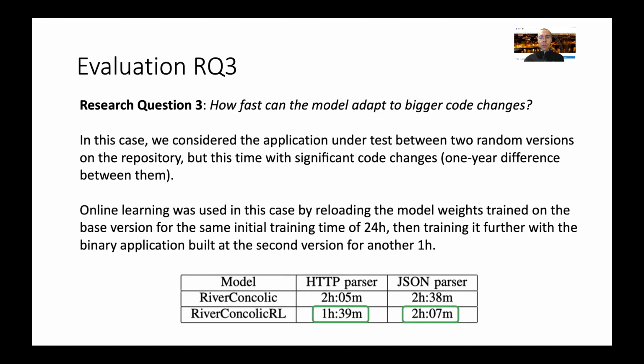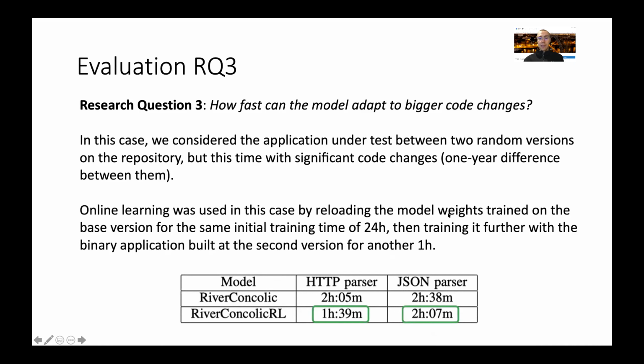We also tried to see how it works with bigger code changes, like taking a one-year difference between the applications on GitHub. Of course, the results were a little bit better on our side, but not so impressive, at least not on the JSON parser.